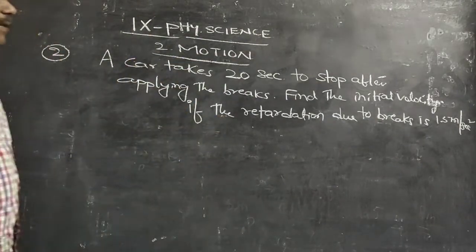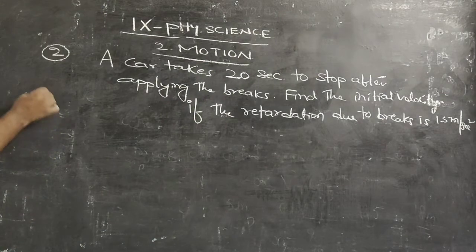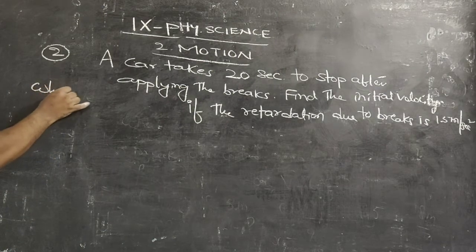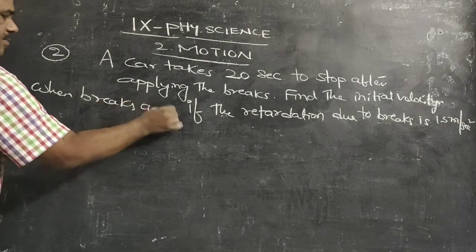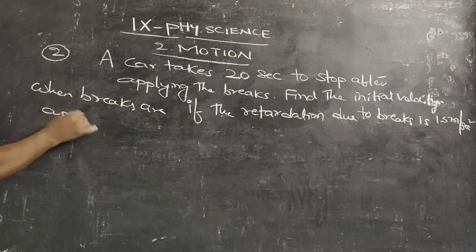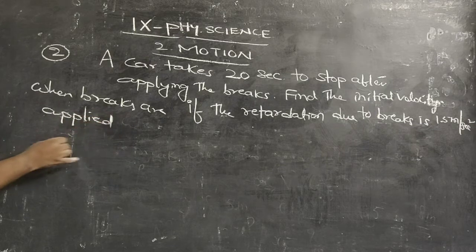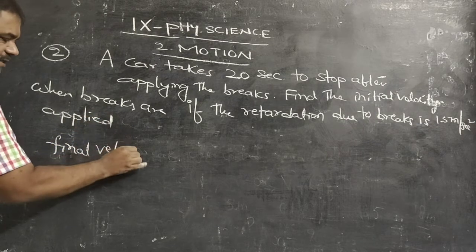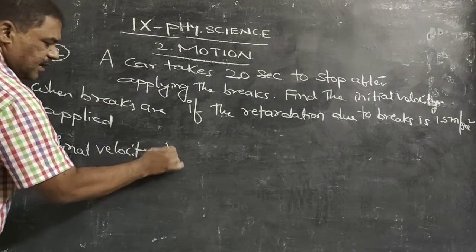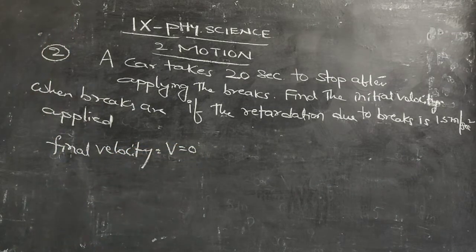Whenever brakes are applied, the body comes to rest. Therefore, when brakes are applied, the speed of the body decreases, and then final velocity will become 0. So when brakes are applied, final velocity v is 0.